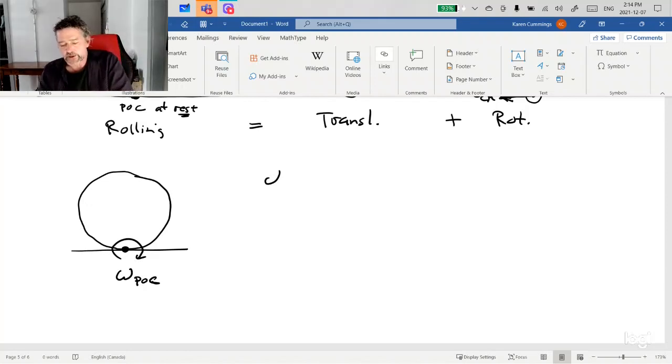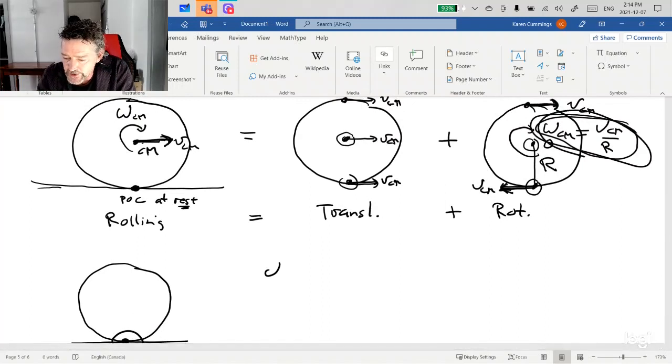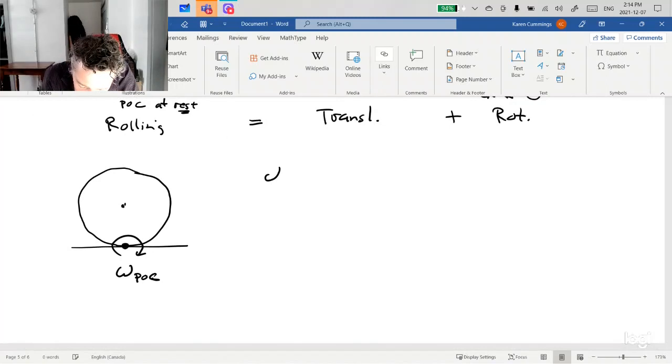So what is that omega point of contact? I know that when something's rolling, it's got some VCM and it's got some omega cm, and we know the relationship. So we know the angular velocity about the center is omega cm. But what's the angular velocity about this point?